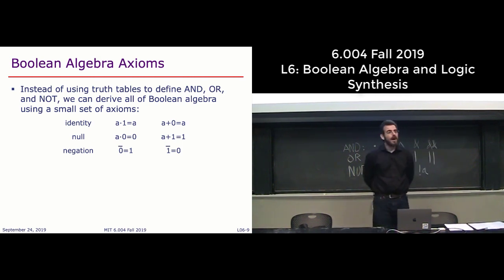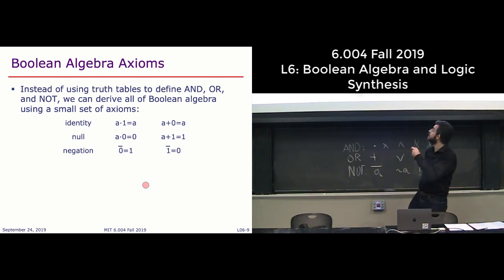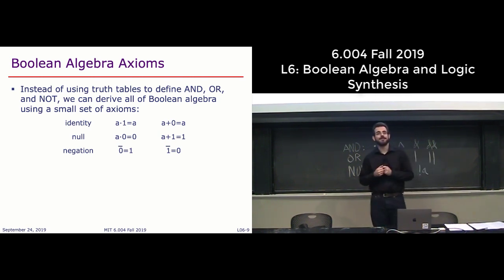And there is one very interesting property that you can start seeing here that is not at all apparent from the truth tables. So if you look at the set of 3 formulas on the left and the set of 3 formulas on the right, you see that they're very symmetric, right?